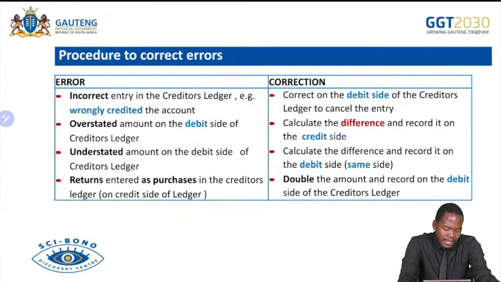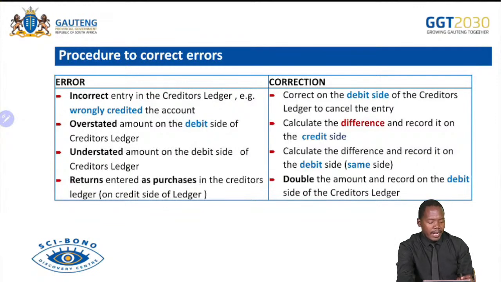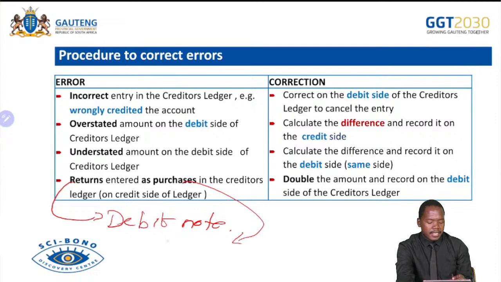Now, returns entered as purchases. Debit note entered as an original invoice. Remember, when I don't want to say returns, I can say debit note. If I don't want to say purchases, I say original credit invoice.